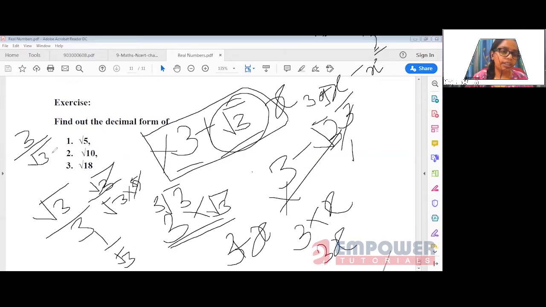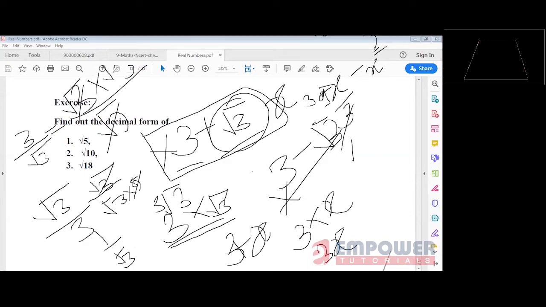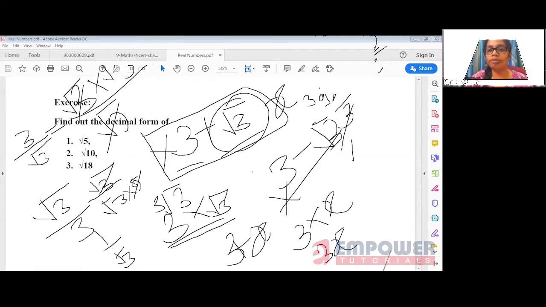Same is the case for this. 3 upon root 3, you can write 3 as root 3 into root 3 upon root 3. So the answer of this will be root 3 because root 3 will get cancelled. Got it? So you have to use the rules that we use in case of variables.